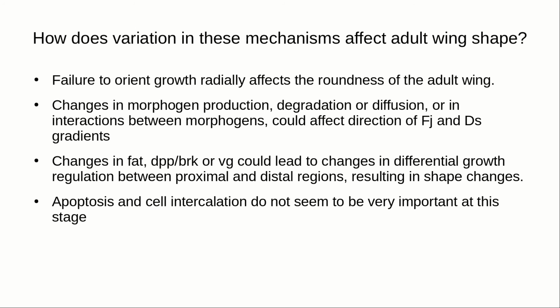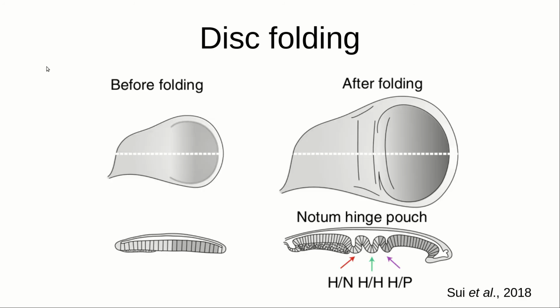Additionally, changes in the Fat and DPP or Vestigial systems can lead to changes in the differential growth between the proximal and distal regions, which will also result in changes in the shape of the adult. And finally, as you have seen, apoptosis and cell intercalation processes do not seem to be very relevant at this stage in determining the adult shape of the wing.